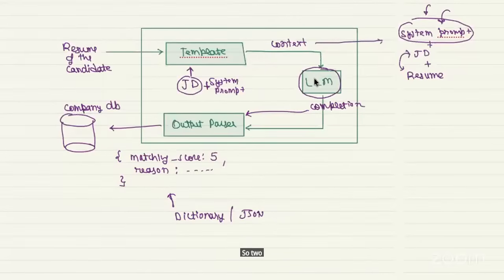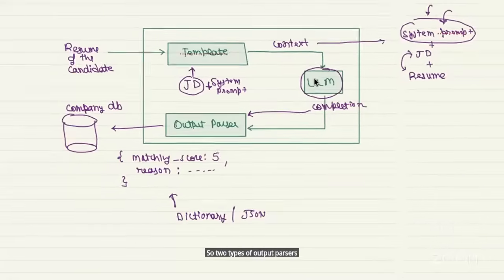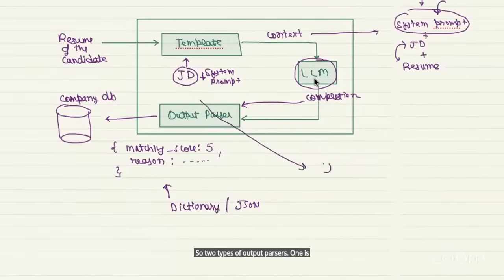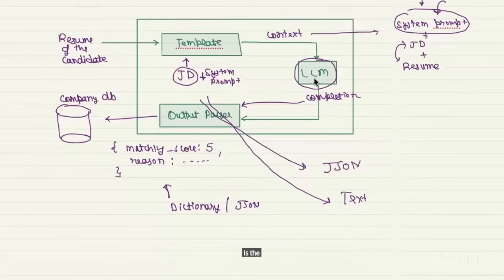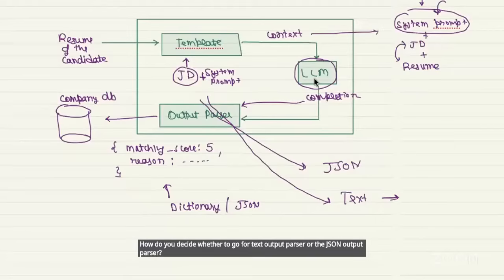So two types of output parsers. One is a JSON output parser or a dictionary output parser. And the second one is the text output parser. Where do you use the text output parser? How do you decide whether to go for the text output parser or the JSON output parser?